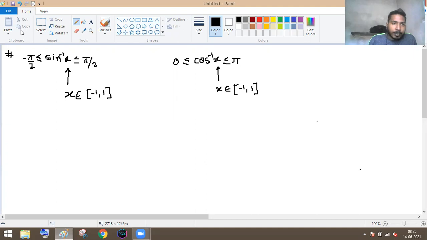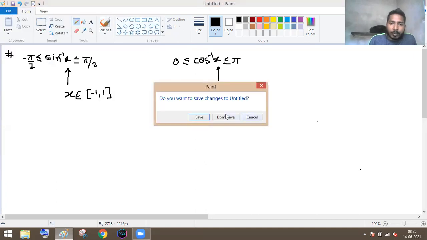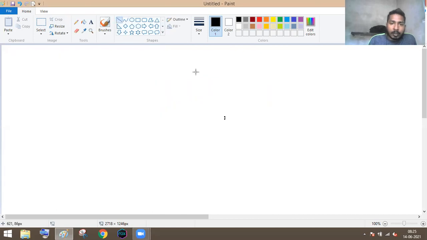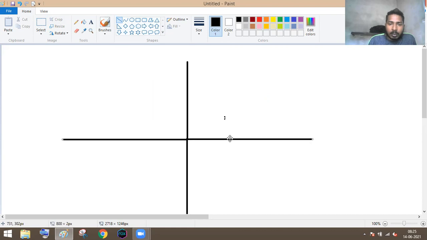Now we will talk about the quadrant system to represent the inverse functions. Suppose we have here 0, 0 degree.